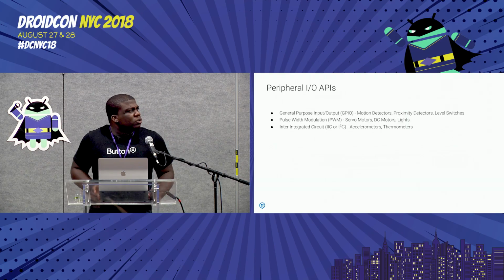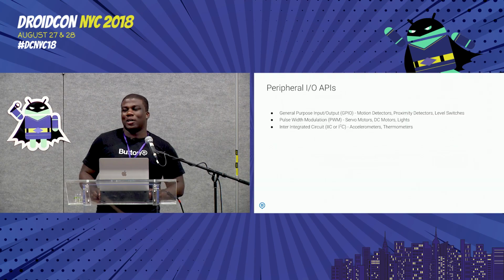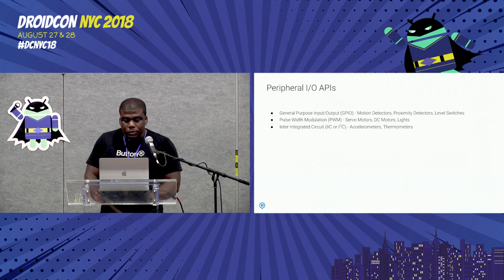And for some peripherals, there are drivers already created for you. I believe it's on the Android Things repo. There's a contributors drivers page on GitHub that has a bunch of drivers that are already created that you can just use, and not have to look through the documentation of a bunch of peripherals and try to figure out how to write a driver for it.